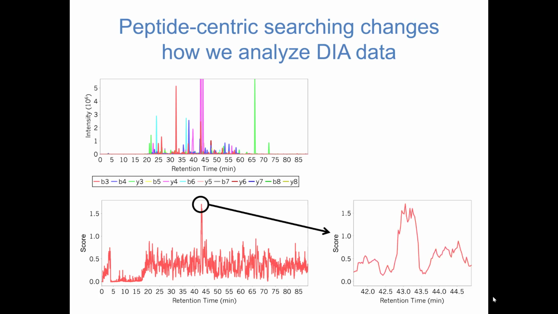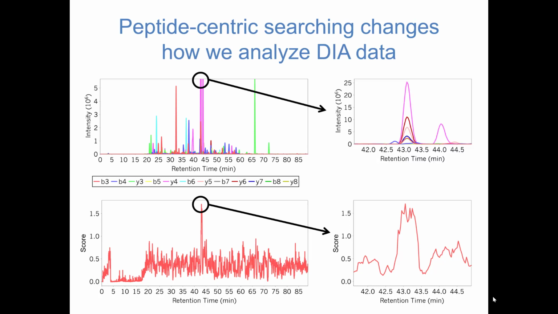Hopefully there is a peak that is the highest abundance peak in score space, and use that as your anchor to be able to say, is this peptide present or not at that specific time point.